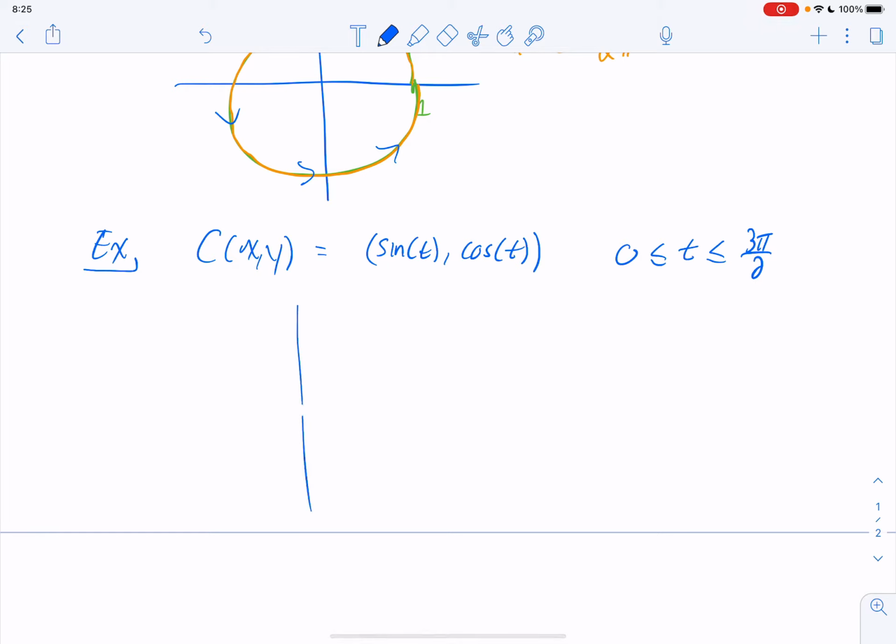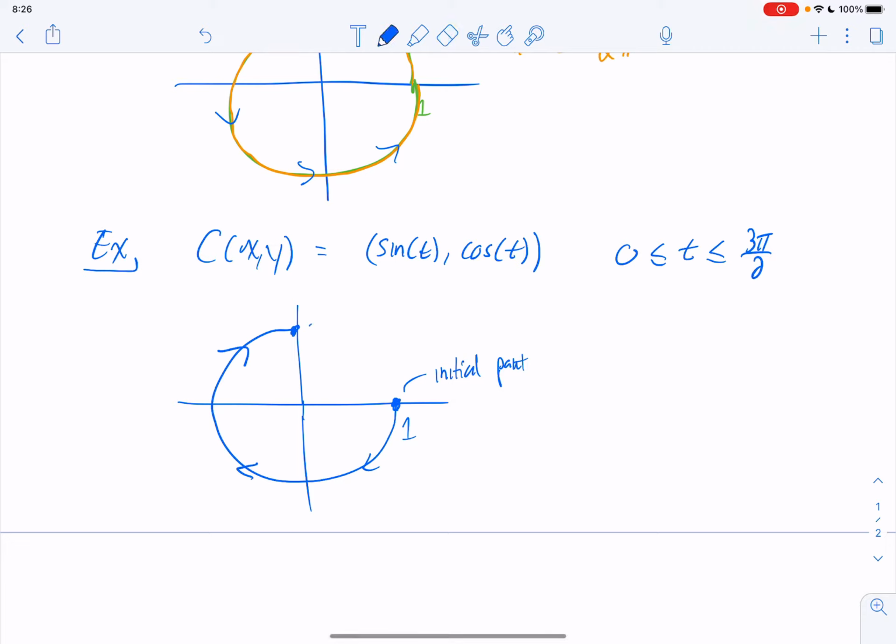This is going to be a function that starts off at 1, but now it's going to move in the clockwise direction 3 pi over 2, which puts us right here. And so in this case, the initial point and the terminal point are different.